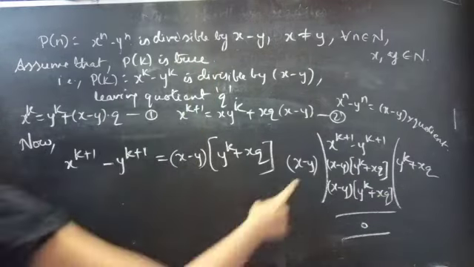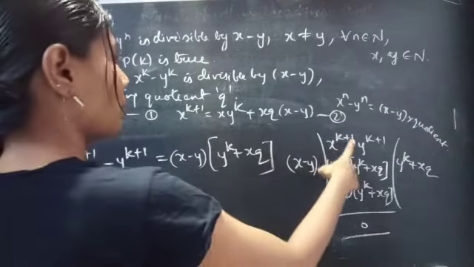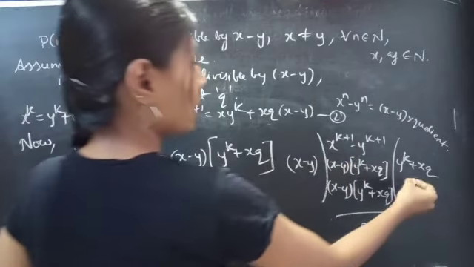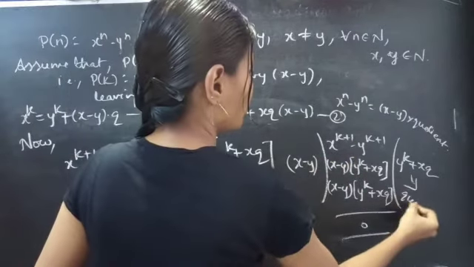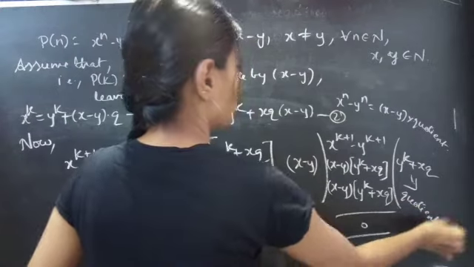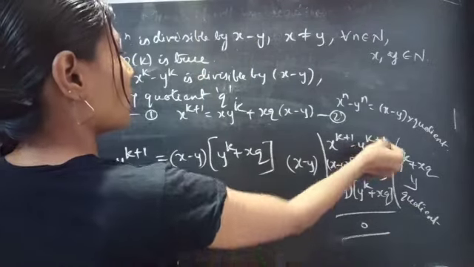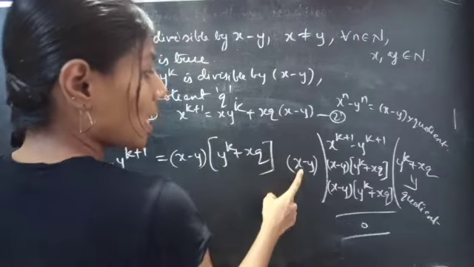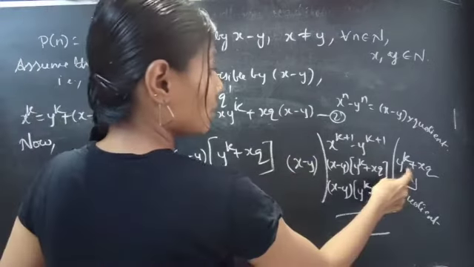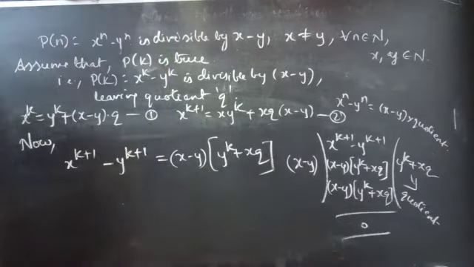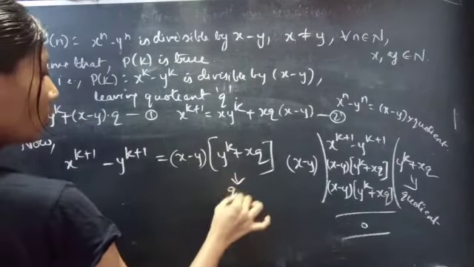So here x minus y is divisor, x power k plus 1 minus y power k plus 1 is dividend, and this is your coefficient. So x power k plus 1 minus y power k plus 1 is divisible by x minus y, leaving this coefficient, right?